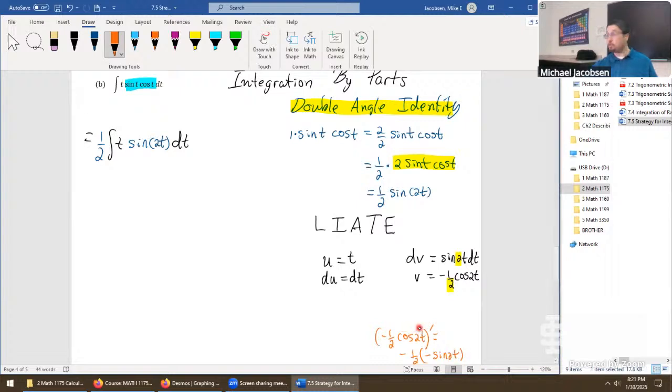The chain rule says multiply by the derivative of 2t, which is a 2. And if you clean this up as much as possible, that's just a sine 2t you're looking at. So doing a little check like that, even if you're just doing it in your mind's eye, your mental chalkboard, that's a good thing to pause on. Look at it real carefully, make sure it's all in line, and then we're ready to go on to the next part. Any questions so far, folks, up to this stage?